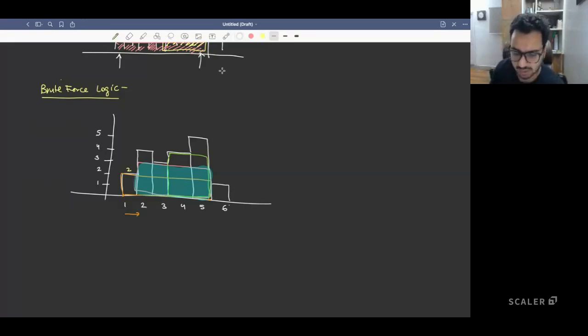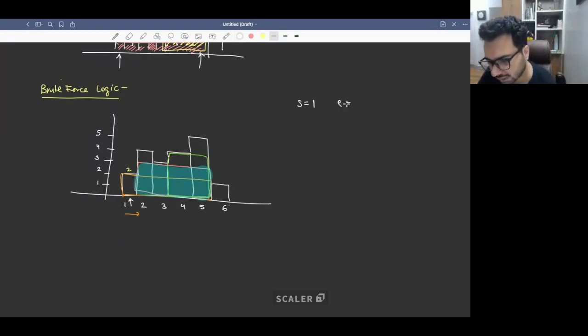Let us assume that my starting point, the first bar I'm going to take, is this bar. Where I want to end, I don't know. So what could be an ending point? Can I say the ending point could be the same bar, bar one? What is the height and width I can get?